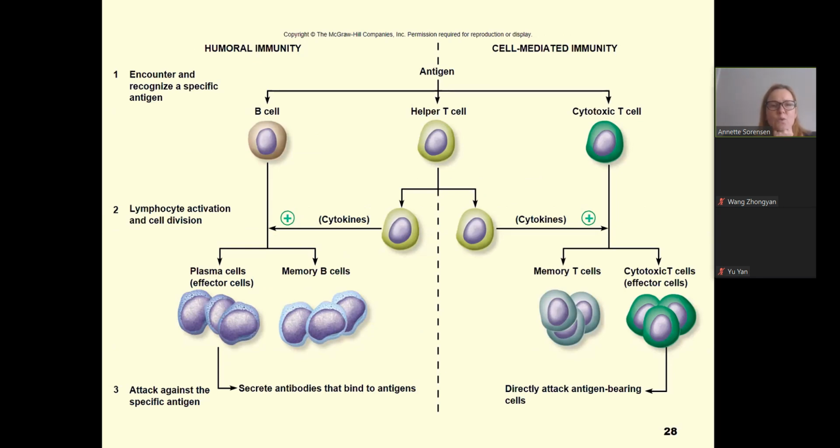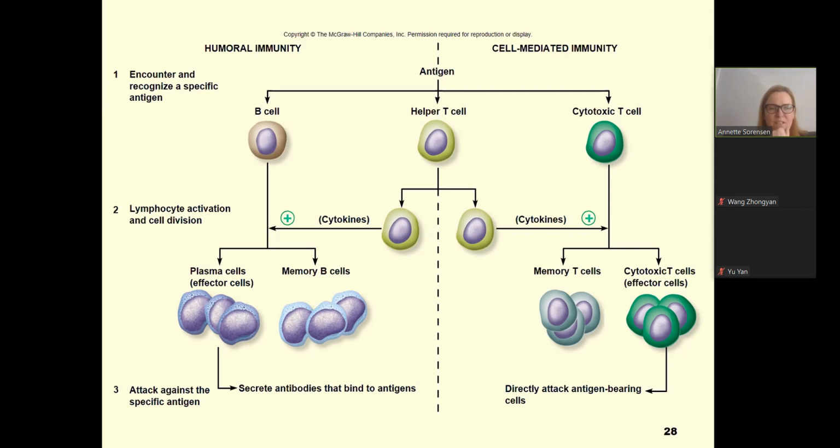Okay, so this is really just shown schematically here. If you encounter a pathogen, something very specific, an antigen on that pathogen, is recognized by these 3 cell types: cytotoxic T cells, helper T cells, and B cells.